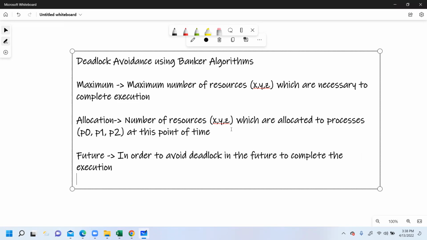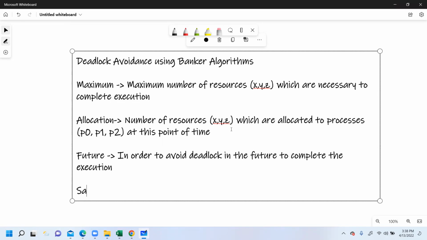Currently, we also check whether it's a safe state or an unsafe state. And I told what is a safe sequence and an unsafe sequence. See, what is the definition of a safe sequence?